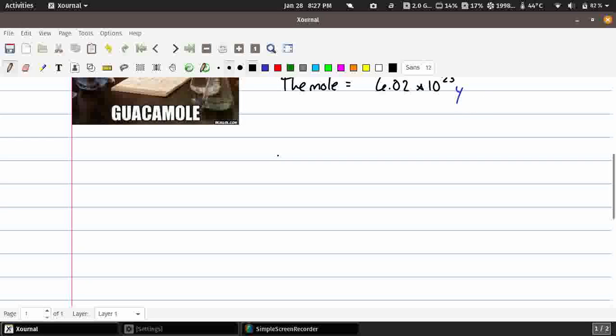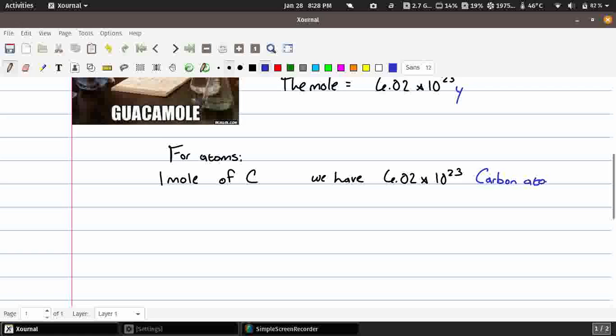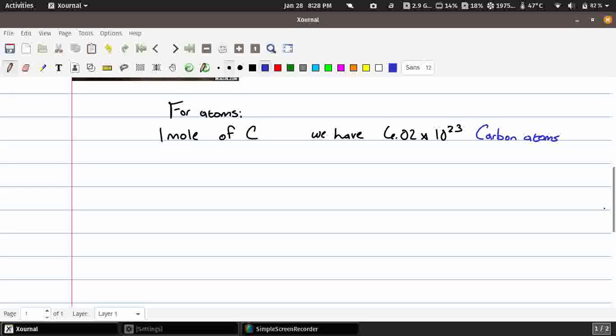So, anyways, for atoms, let's just say we have 1 mole of carbon. We have 6.02 times 10 to the 23, and then I'm going to do it in blue, carbon atoms. For molecules, it's the same thing.